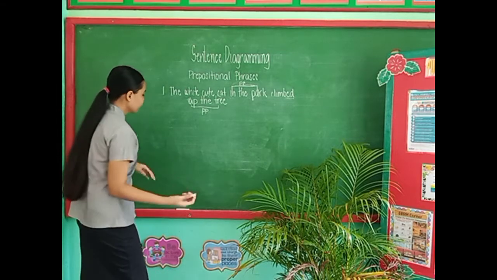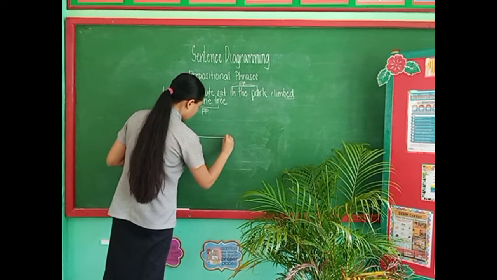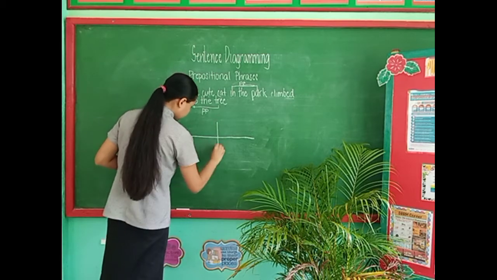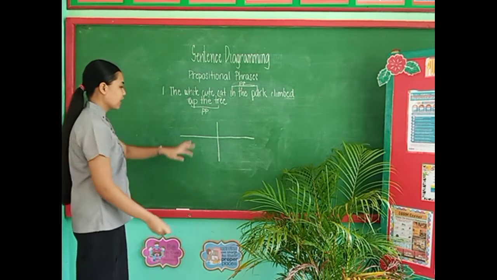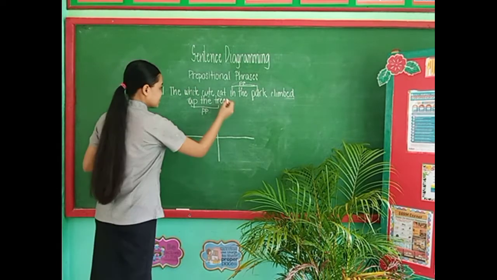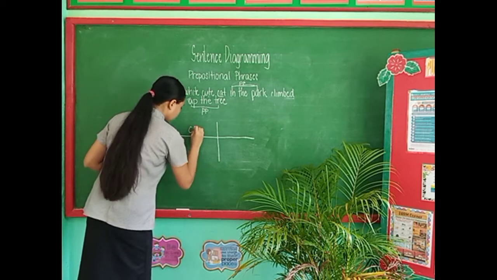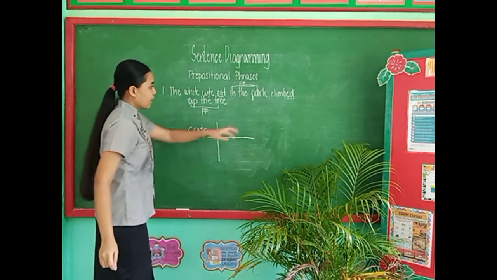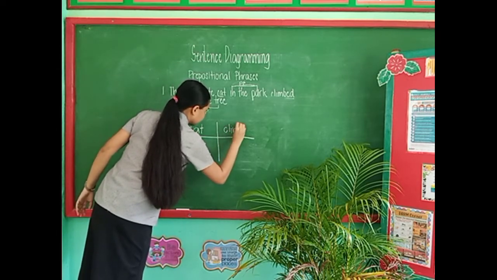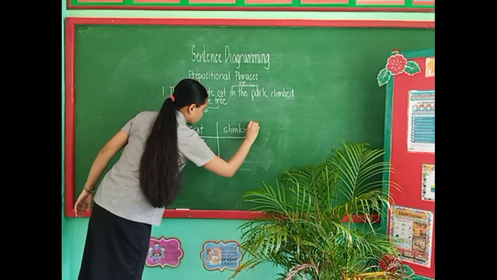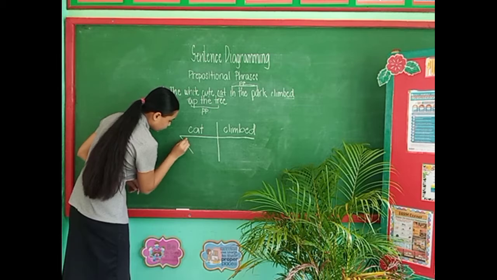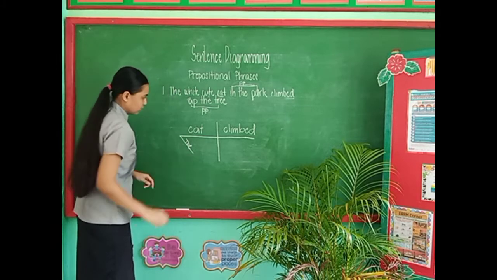Like what we did before, start with a horizontal line and a vertical line. So, let us put here the subject. In this sentence, the subject is cat. And climbed will be the verb. And we are going to put here the as an article.